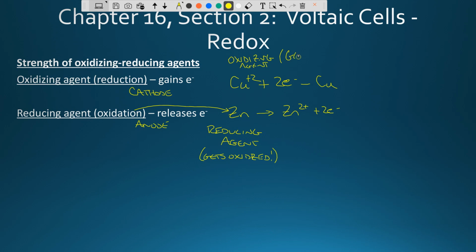Because it gets reduced. Now, what the heck does that mean? If it's getting oxidized, that means it's going to be losing electrons. So what does that mean in terms of causing it to go? Well, it has to lose the electrons, which means that it causes that thing to pick up the electrons. It enables it to do it.